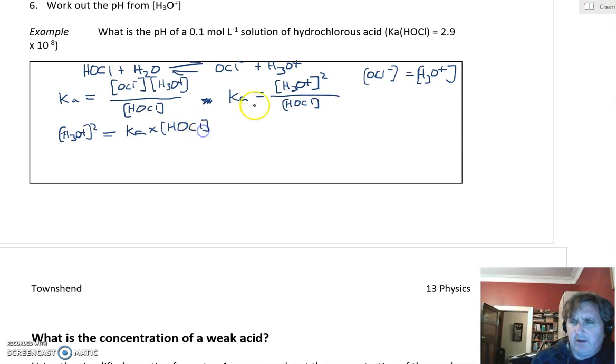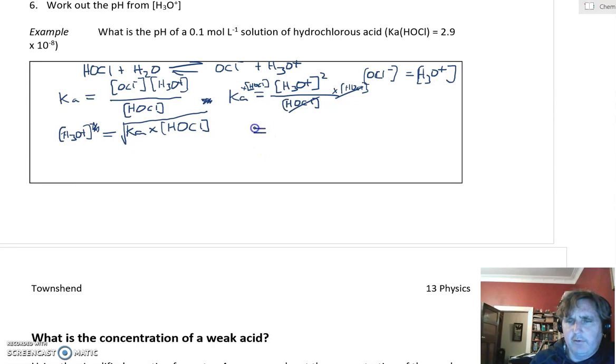I mean, the other way to think about this is we multiply both sides by HOCl, and these cancel, and that's how this gets to one side by itself. And then I square root both sides. That gets rid of this square here, and it turns this into a square root.